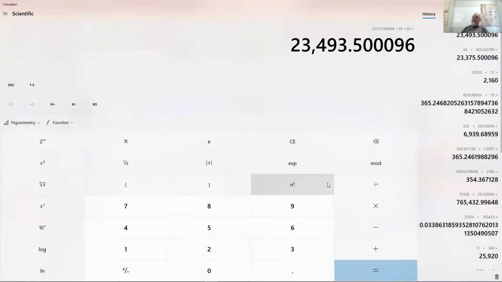So this is the number of days that is the difference between 2,160 solar years and 2,160 lunar years. So what is this number?